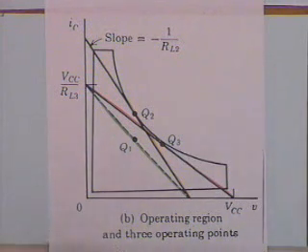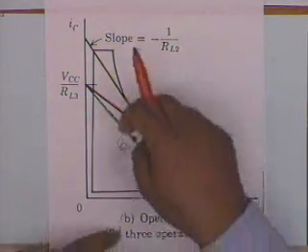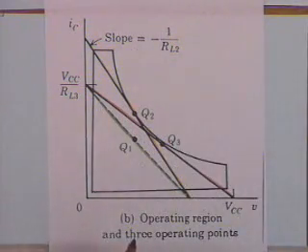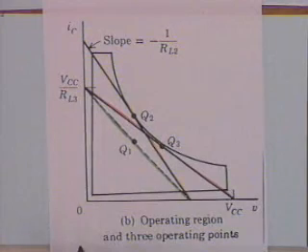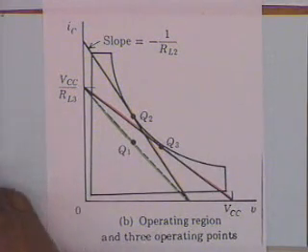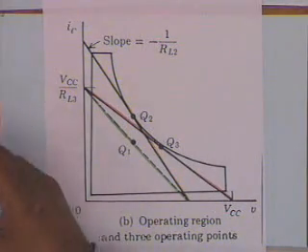The question now is, which point is better between Q2 and Q3? To get an answer to that, we require the characteristics again. Is there any question on this figure?